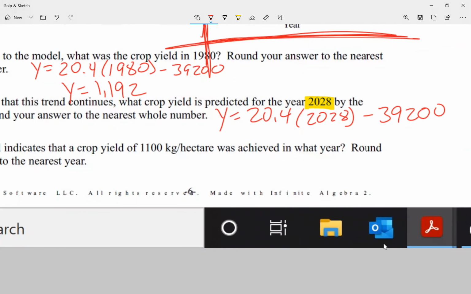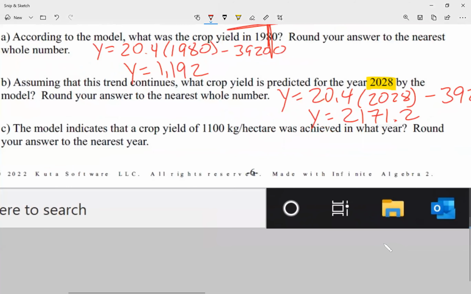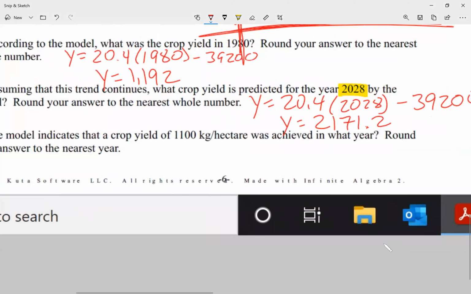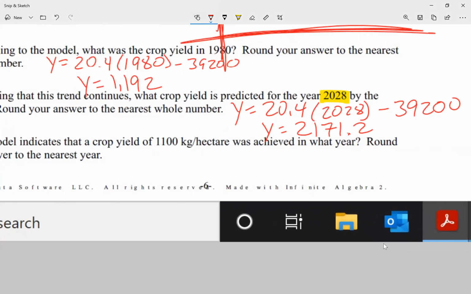Multiply first. 20.4 times 2028 gives me 41,371.2 minus 39,200. I get that Y is equal to 2,171.2. Now the instructions say round your answer to the nearest whole number. My first decimal place is too small, right? 4 or less is small, so I'm just going to ignore it. My answer would be 2,171.